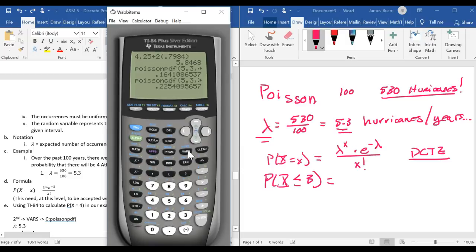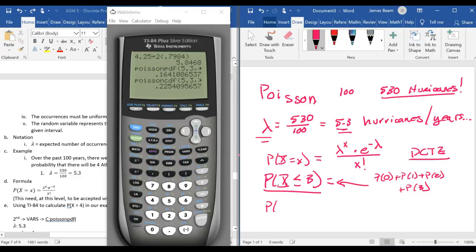Okay. Now, why is this important? Because calculating this, I could actually do the chart and come up with the probability for 0, and add that to the probability of 1, and add that to the probability of 2, and add that to the probability of 3, and I could come up with this answer.